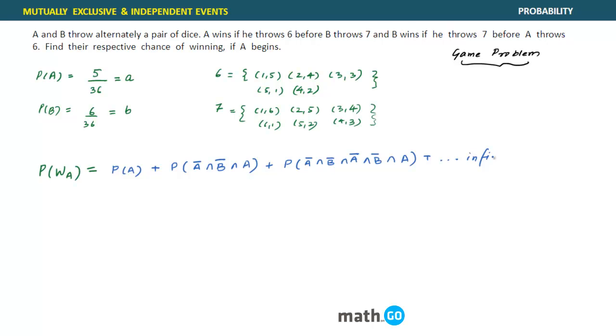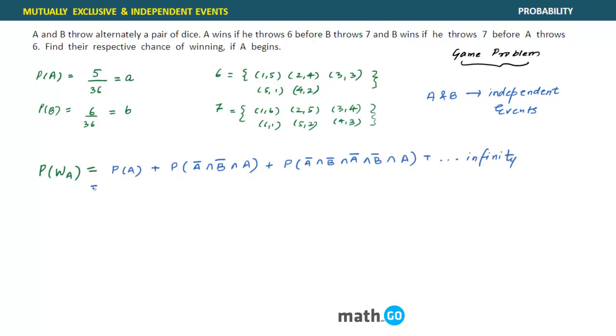We do not know when this game will stop. This can go on and on, and they keep on playing. Also interestingly, A and B are independent events. Why? Because they are nowhere related. They are independent, as is very obvious, because what B throws is completely irrespective of what A throws, right?